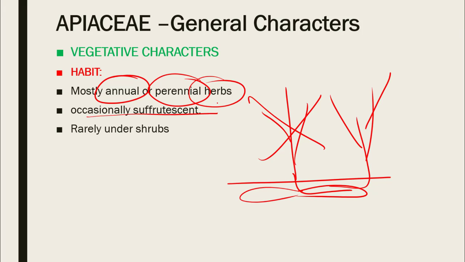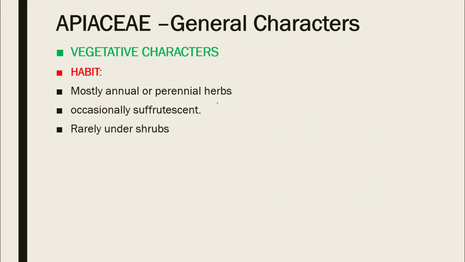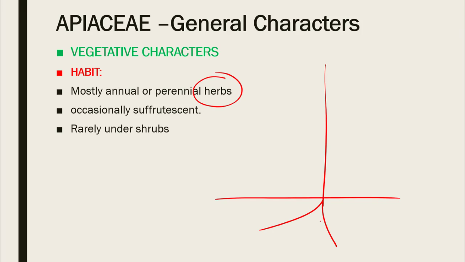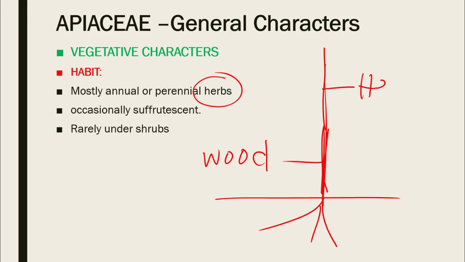Occasionally, suffruticose plants are basically herbaceous, but the lower part, which is close to the ground, becomes hard and somewhat woody, and it usually doesn't die away, whereas the upper part remains herbaceous or green.